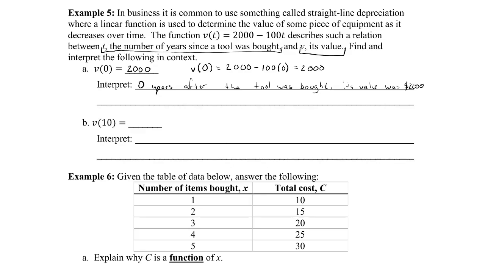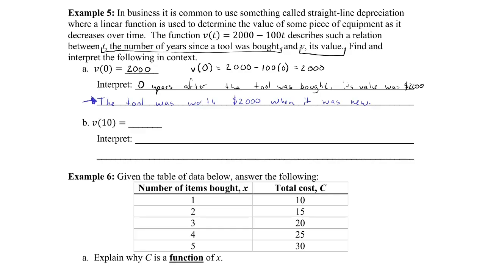We could phrase this as, the tool was worth $2,000 when it was new. Which way should you phrase it? Whichever one you like better. I think that this one is more informative because 0 is a special number in this case.